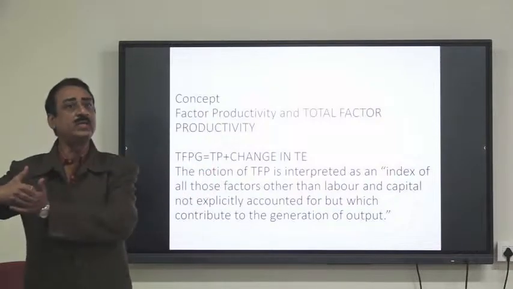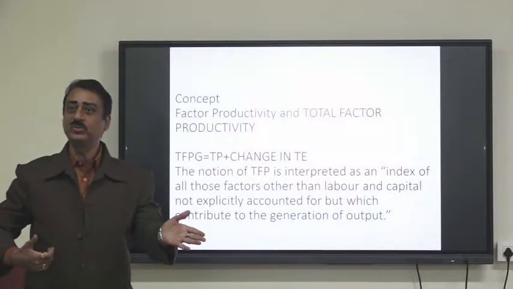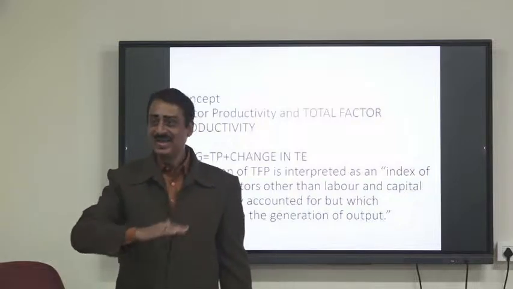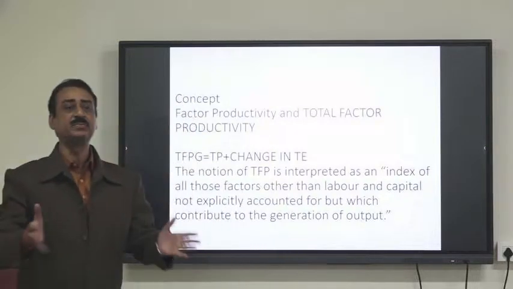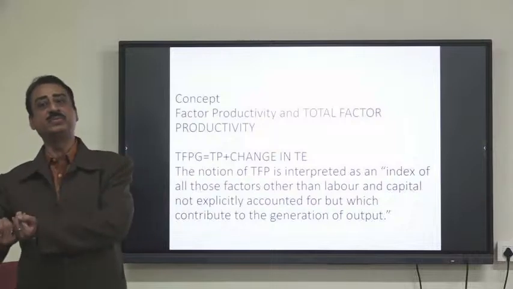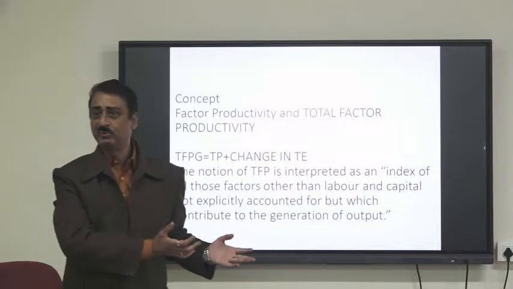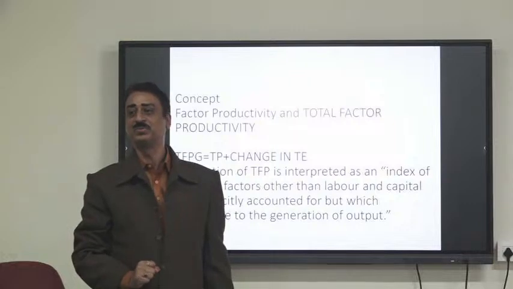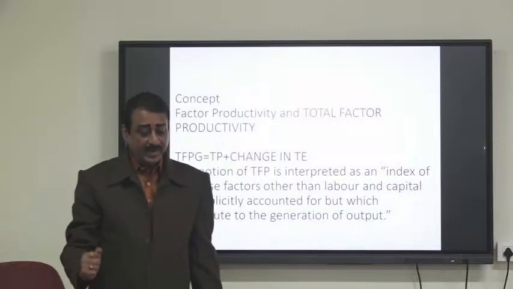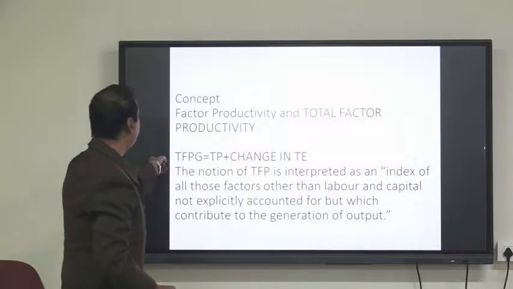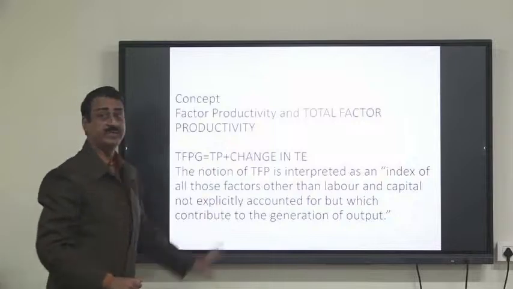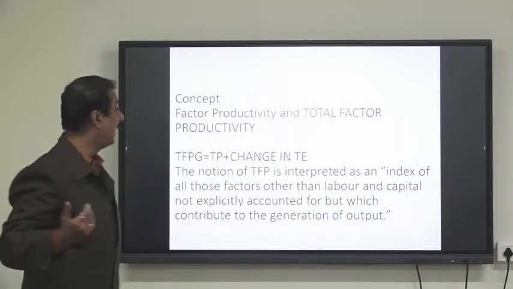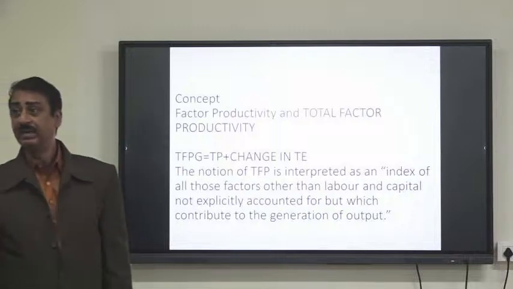So you net out the input from the output. Of course, it's not so simplistic. I will show you, but concept-wise, you net out the growth of the inputs from the growth of output, and whatever residual is left is called your total factor productivity growth. Conceptually we say total factor productivity growth is equal to technological progress plus change in technical efficiency.